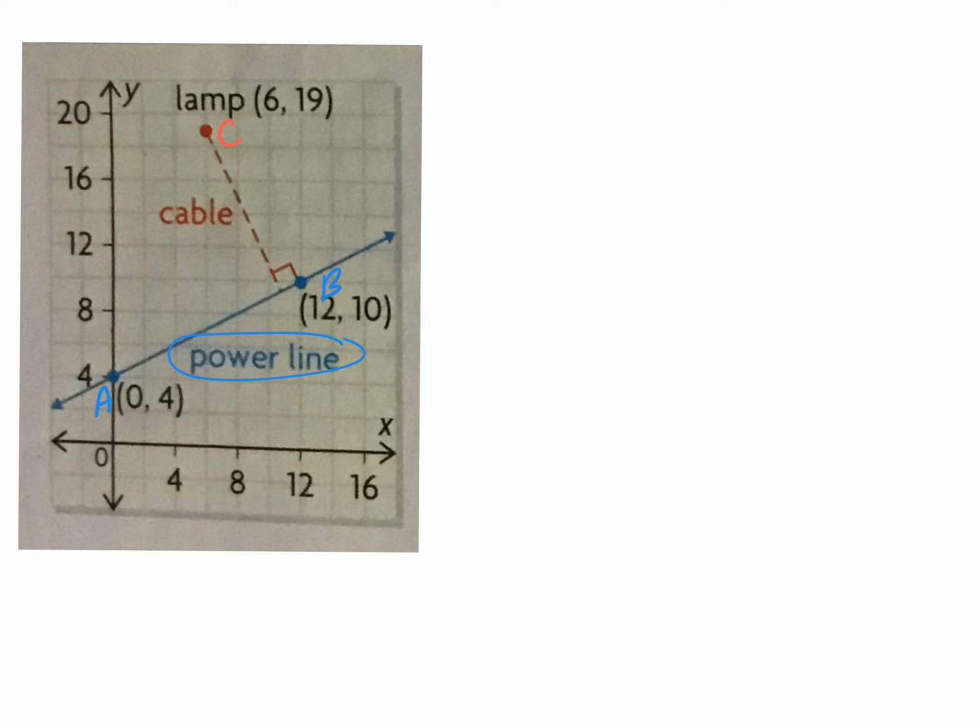And we're trying to figure out at what point on the power line should the cable from the lamp be connected. So we're trying to figure out what this point is. The shortest distance from a point to a line is what? The shortest distance is always what? Is always perpendicular, right?